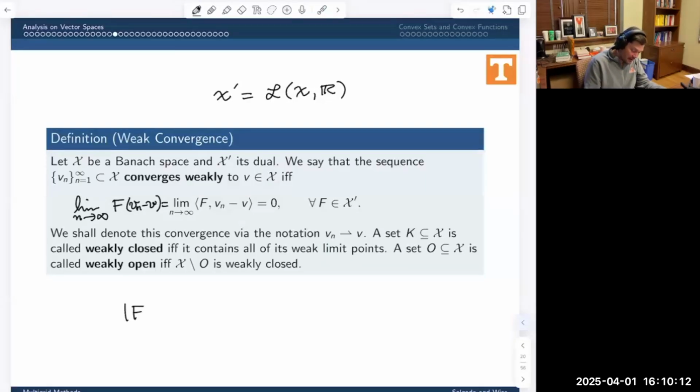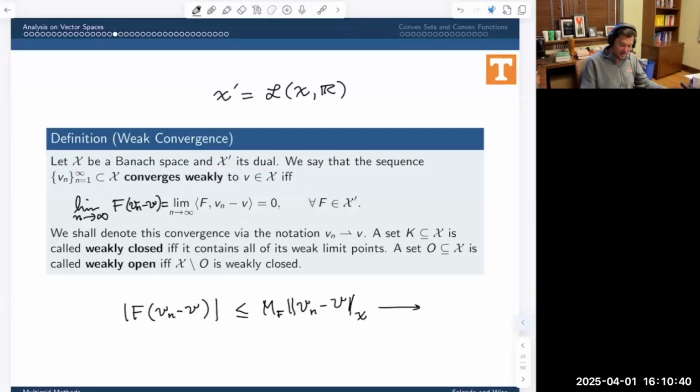If I apply f to Vn minus V, and then use the boundedness or the continuity of f, there's some M for each fixed f, so I can put a subscript f. It only depends on what f is, it doesn't depend on what the points are, times the norm of Vn minus V. And this is the norm in the space X.